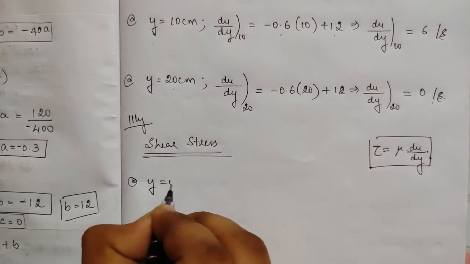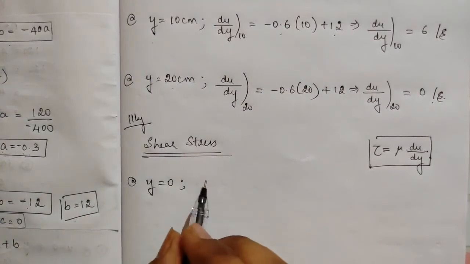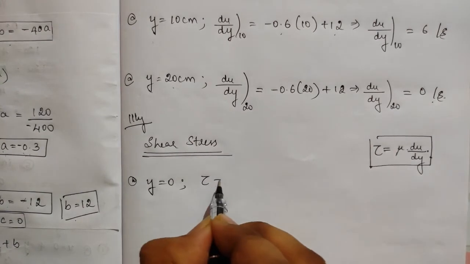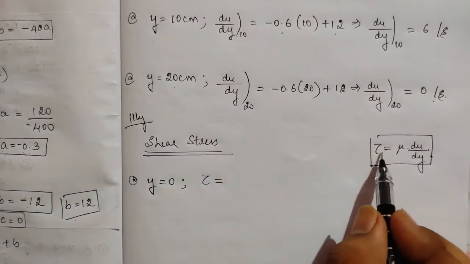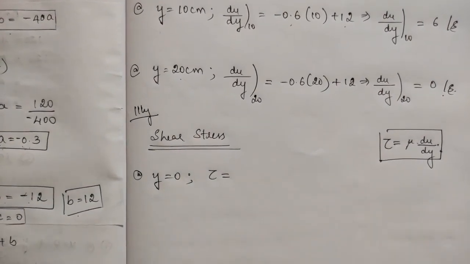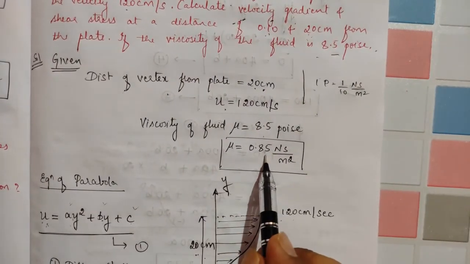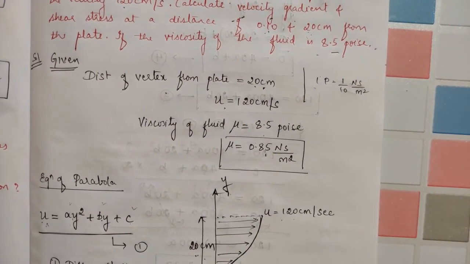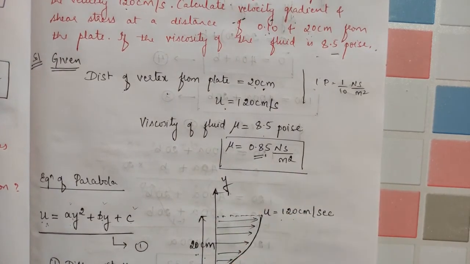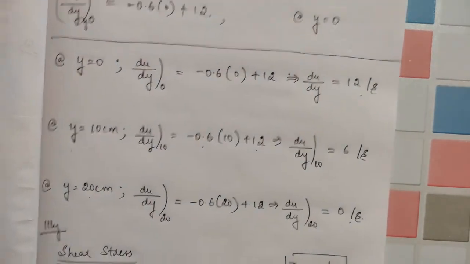At y equal to 0, tau is equal to mu, and the value of mu we already calculated here: 0.85 Newton second per meter square.